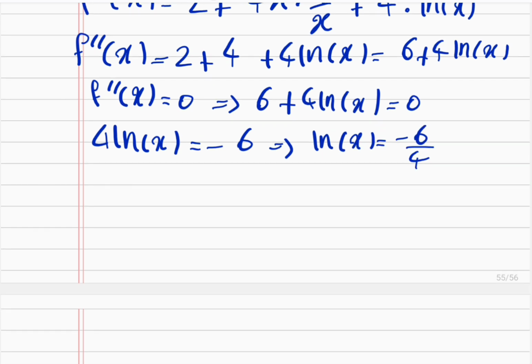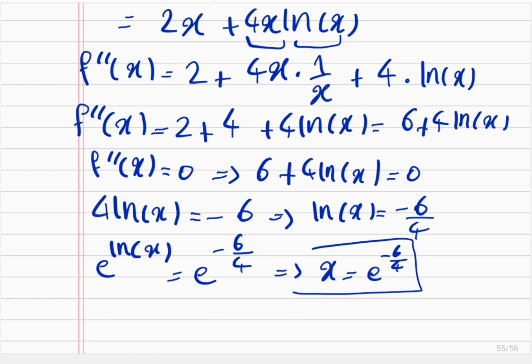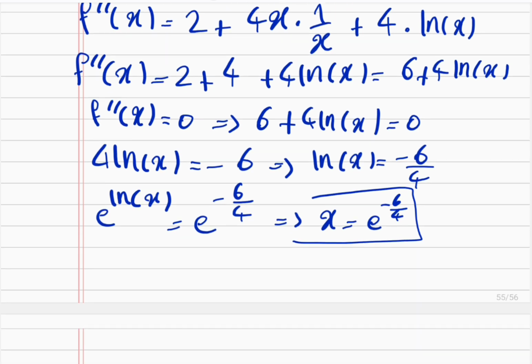And we can use e. So e to the ln x on one side and on the other side e to the minus 6 over 4, which gives us x is equal to e to the power of minus 6 over 4. So this is the x value that I was talking about at the beginning of the video. In this case, we only get one value for x, but it's also very possible to get multiple values of x.